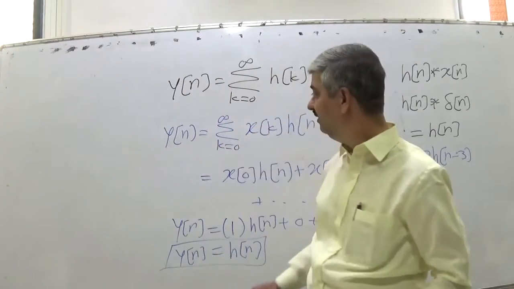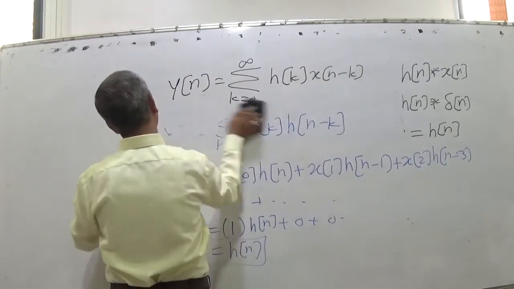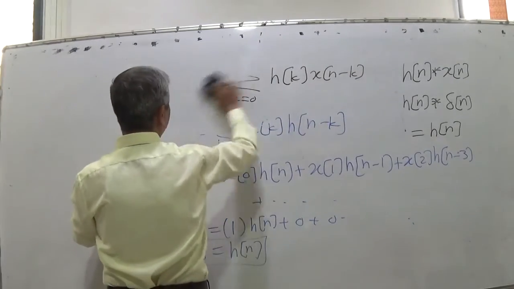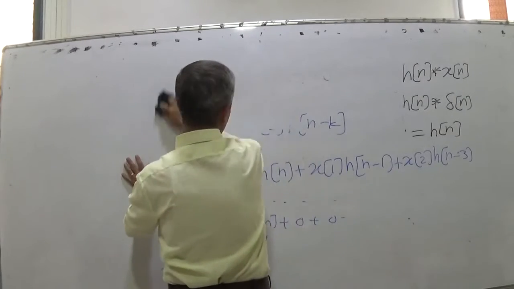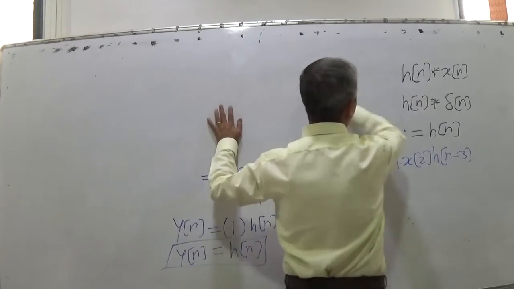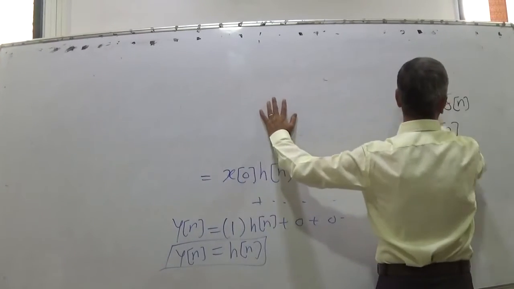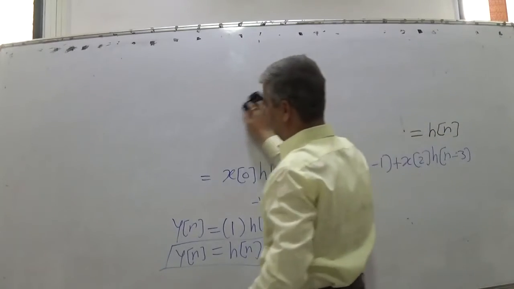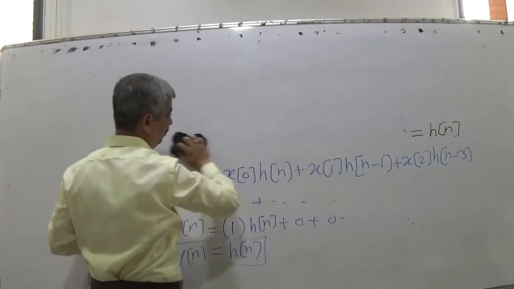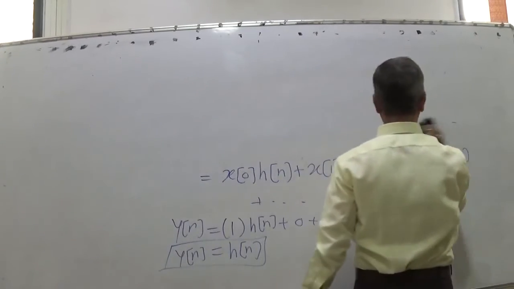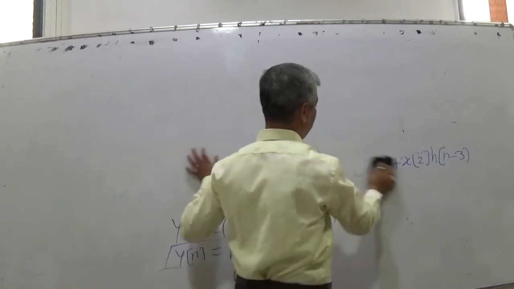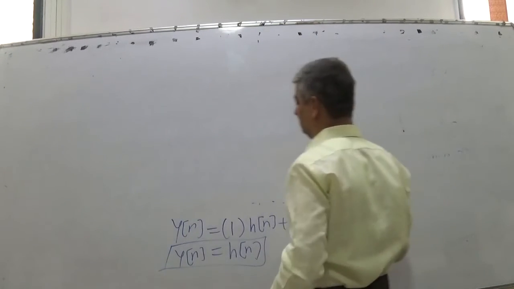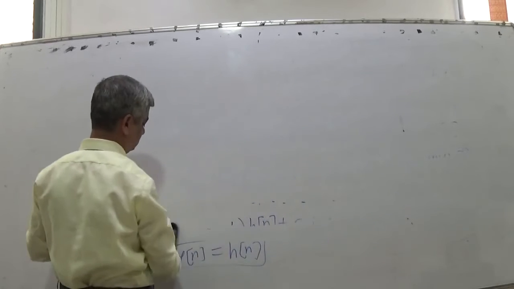Now, in the last lecture I told that if the summation of h(k) x(n minus k) for k equal to 0 to m, where m is finite, it is called a finite system, or a finite impulse response system.